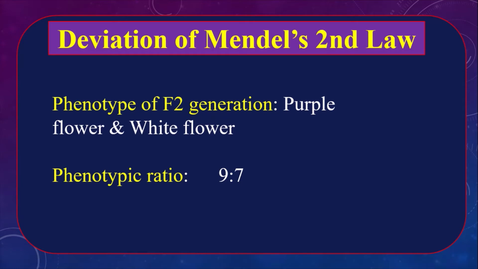Follow here: when dominant genes A and B act together, the flower phenotype becomes purple. When capital A, capital B, or both are absent in the flower, the phenotype becomes white. Interaction between complementary genes changes the F2 phenotypic ratio from 9:3:3:1 to 9:7.